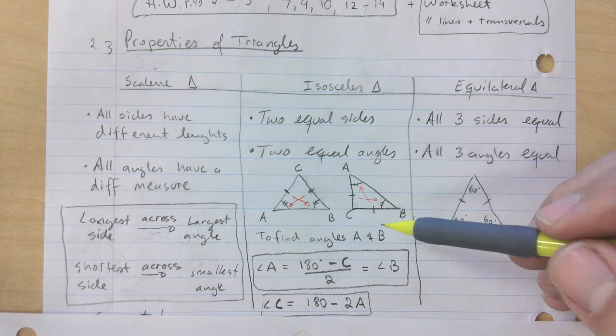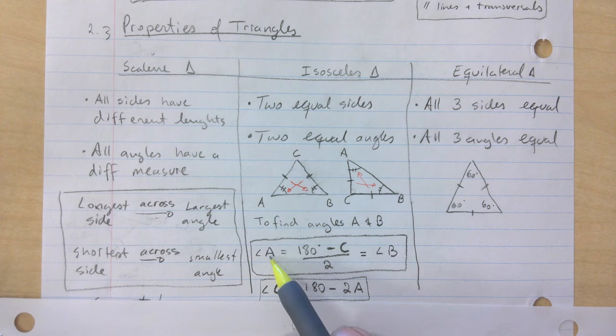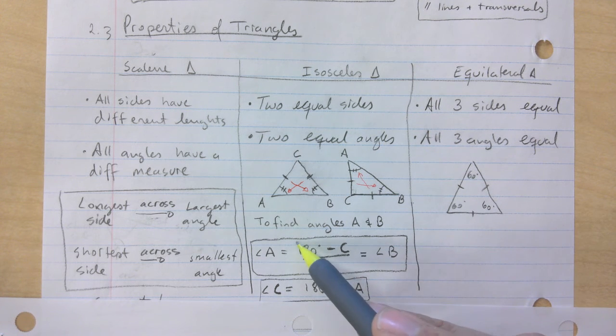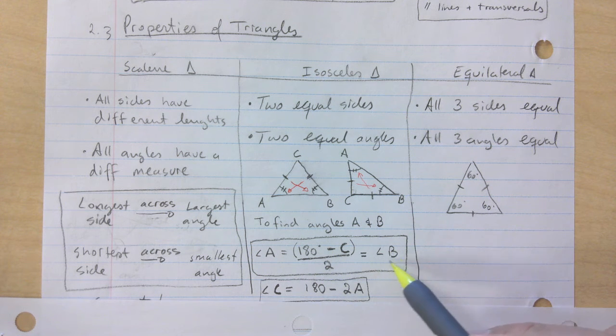So if you wanted to find angles A or B, let's say you want to find A, which is the same as B, you would go 180 minus C, divided by 2, making sure this is in brackets. Some students forget the basic BEDMAS rules, right? You first do this and then you divide by 2, which is also the same as B, okay?